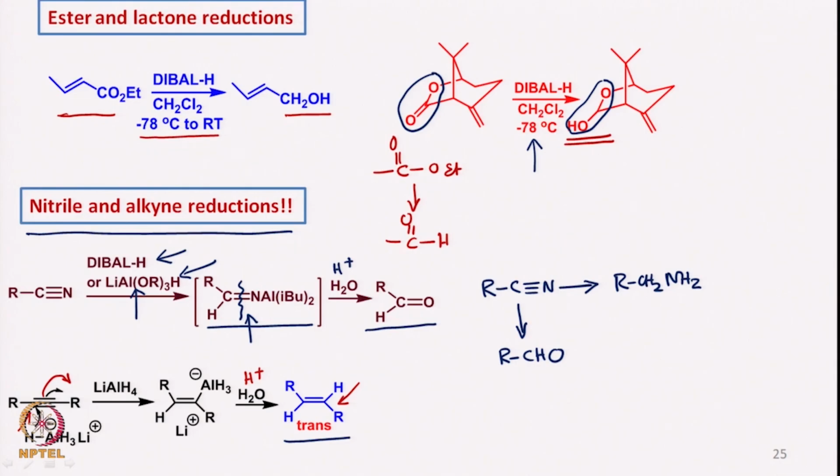And if we take diisobutyl aluminum hydride, then we can go to the corresponding alkene, but the reaction occurs in such a fashion that it gives the cis olefin. So we have a possibility of converting a triple bond stereoselectively to the cis or trans double bond, depending on which reagent we use.